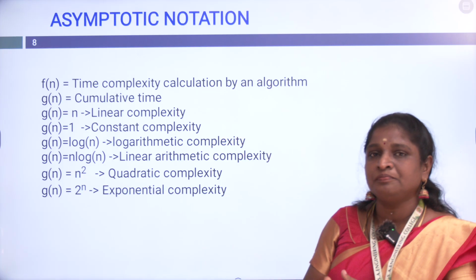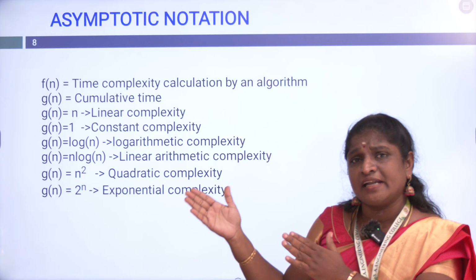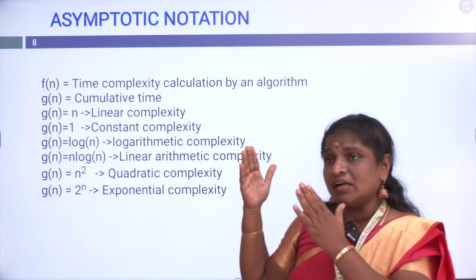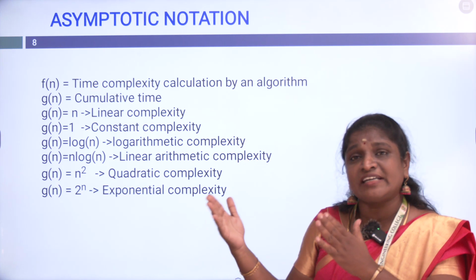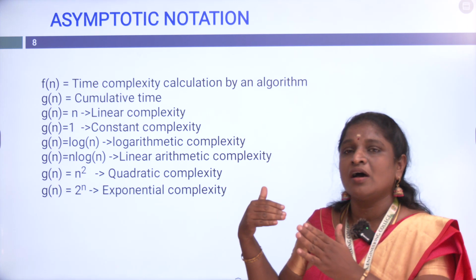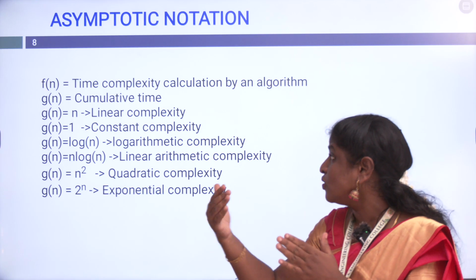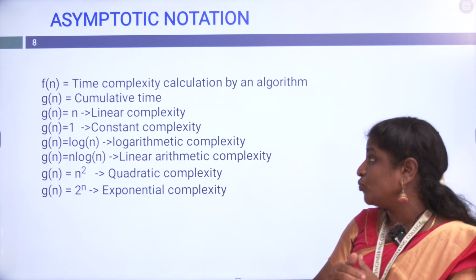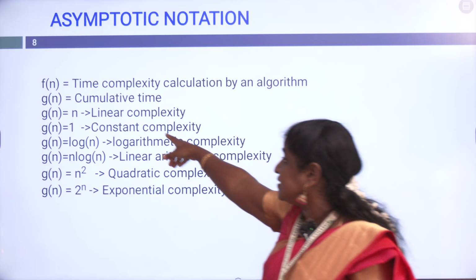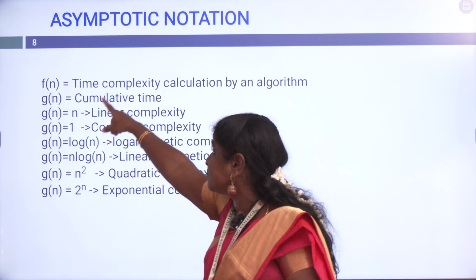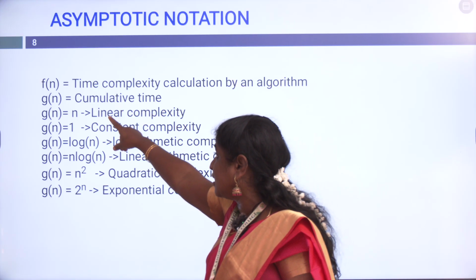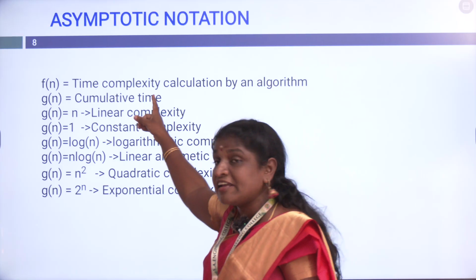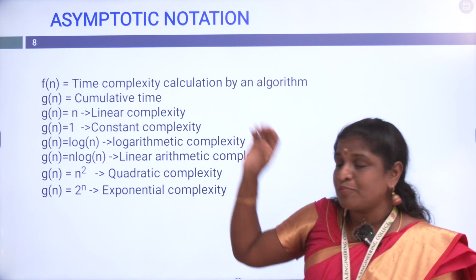We define whether the particular problem is linear or constant, and what type of procedure it is going to take. That is fixed. f of n we calculate; g of n is cumulative time, already fixed based on the type of the problem.